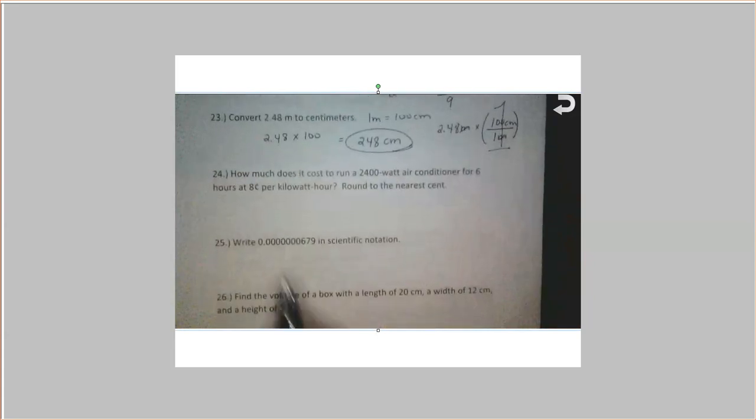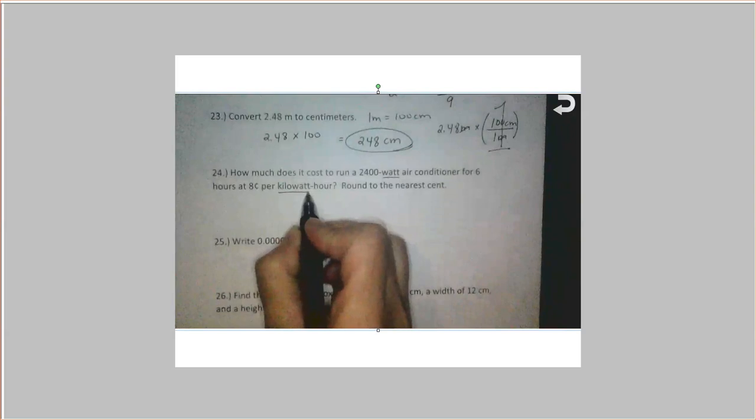Number 24 says, how much does it cost to run a 2400 watt air conditioner for 6 hours at 8 cents per kilowatt hour? Round to the nearest cent. Please pay close attention to the unit of measure they're giving you and the measure that the question is asking of you. Here we have watt, and here we want kilowatt.